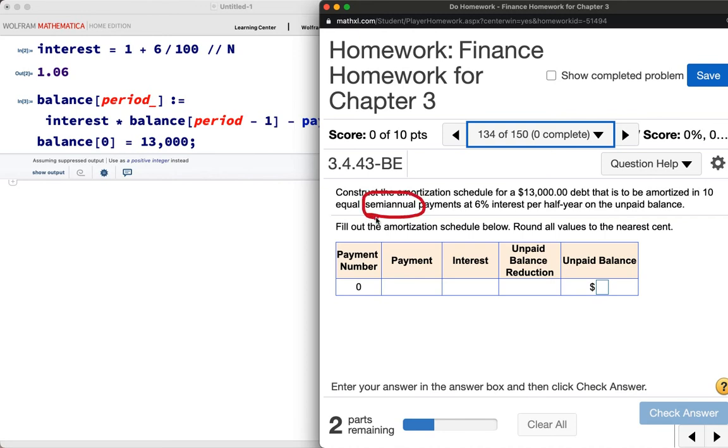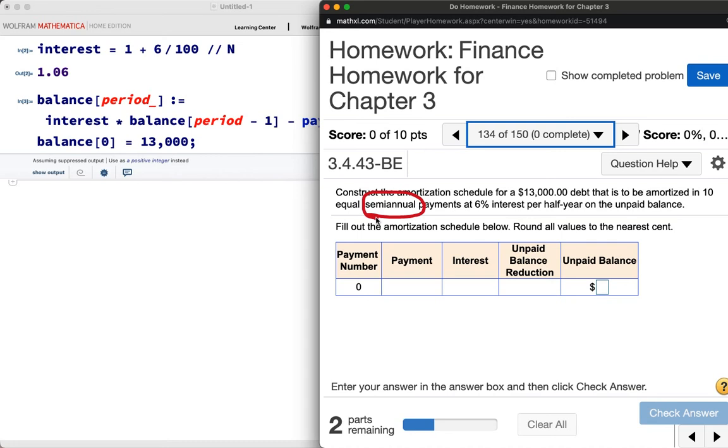So in a way, I kind of wish that whoever wrote the problem didn't even include that word because it's misleading. Semi-annual means twice a year. So you're thinking, well, I should take 6 and divide by 2. But actually, the annual interest rate is 12%, which means per period or per 6 months, it's actually 6%.